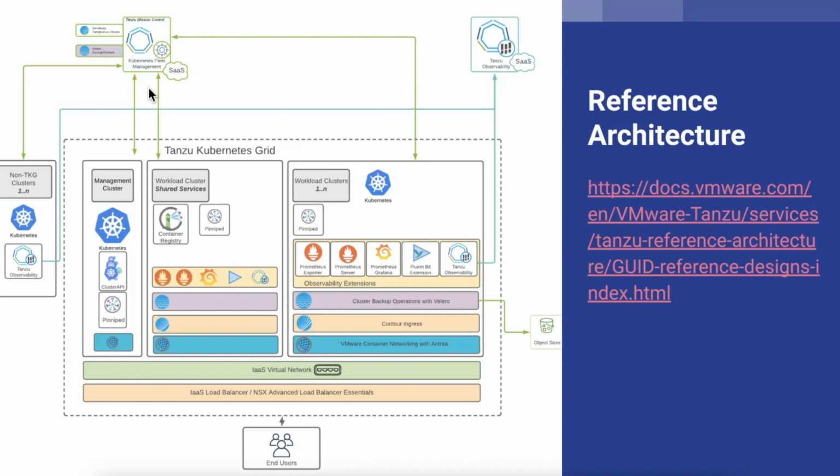Now, the integration of these clusters is with Tanzu Mission Control, right? And that is what you see here. So there is a way to onboard the cluster, and once clusters are onboarded, you can achieve several features like applying policy, managing conformance, and doing data protection from Tanzu Mission Control. On the other side, you see Tanzu Observability.